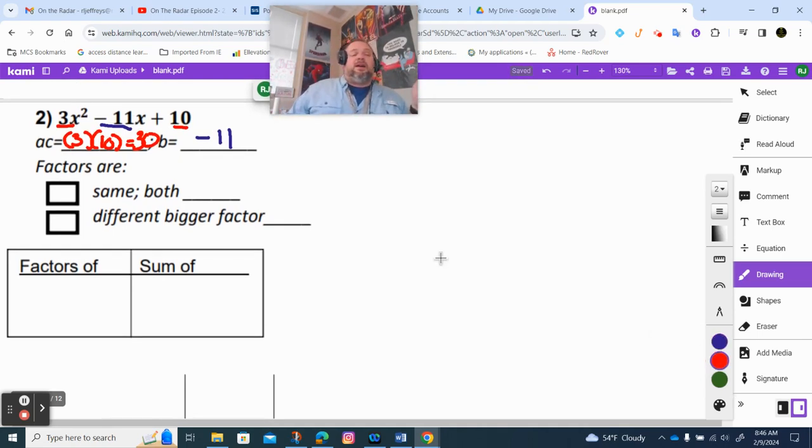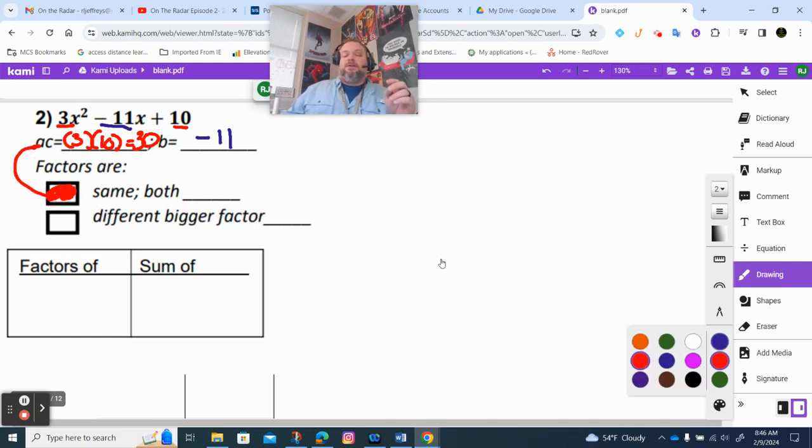Because this right here is positive, that means our signs are going to be the same, and they're both going to be negative.